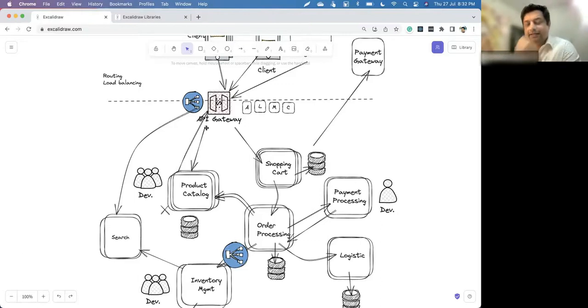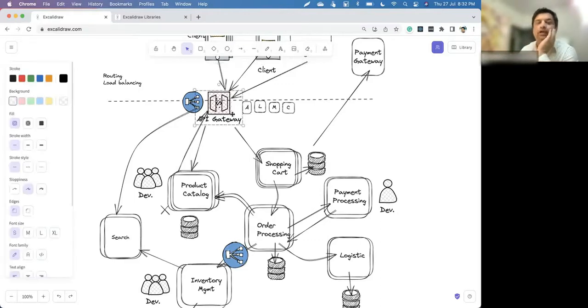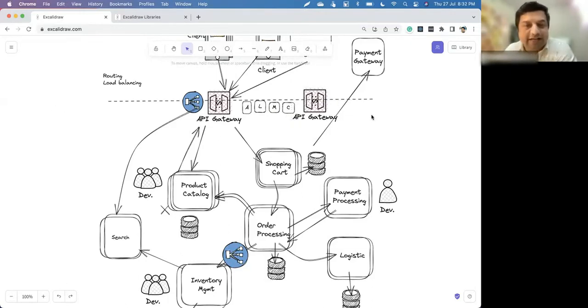But again, you see this has become a bottleneck. This could be a single point of failure. If the API gateway is down, then everything is down. So you may also want to run this in a cluster, with multiple API gateways to ensure that everything is working properly.